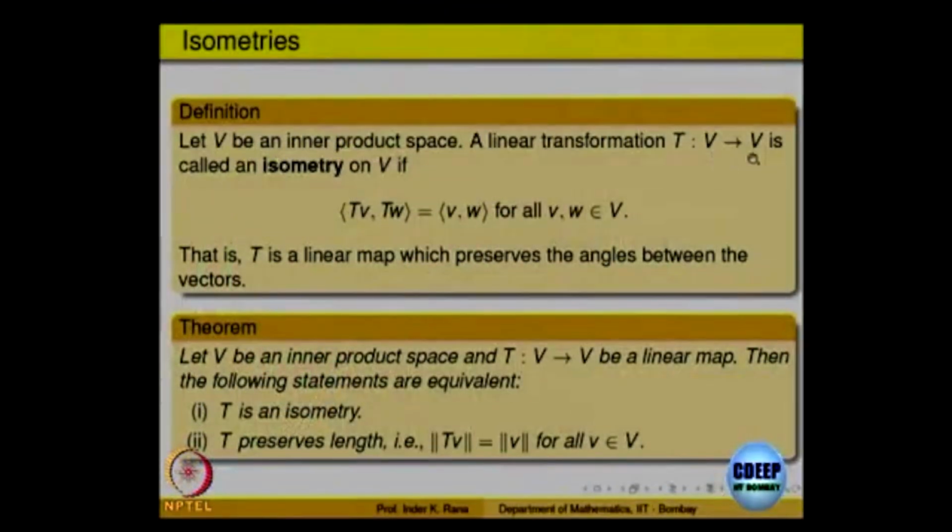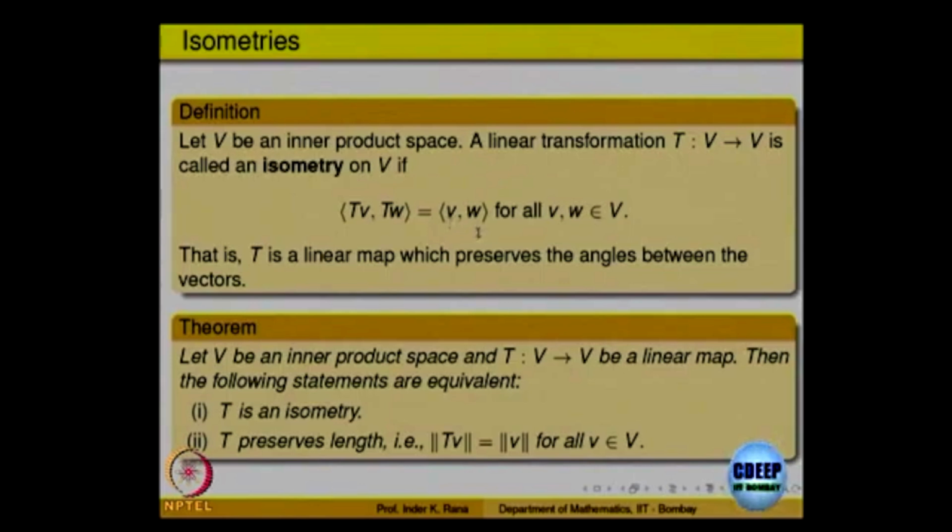So there is a notion of dot product. We would like to specialize to those linear transformations which not only preserve collinearity but also preserve angles. They don't change the angle. Such things are called isometries. A linear transformation from V to V is called an isometry if the inner product of Tv and Tw is the same as the inner product of the original.